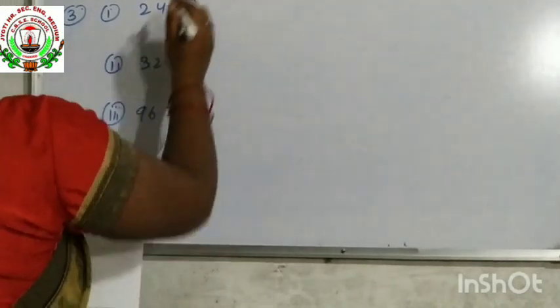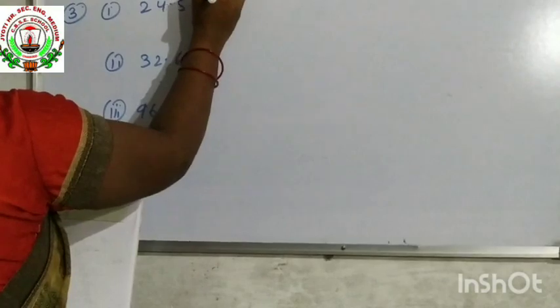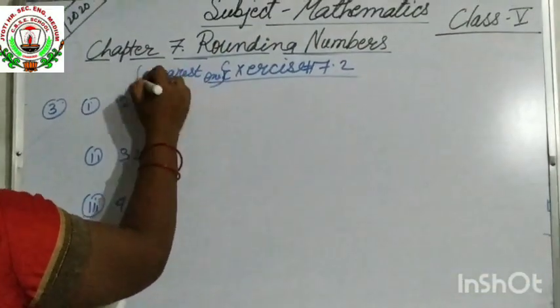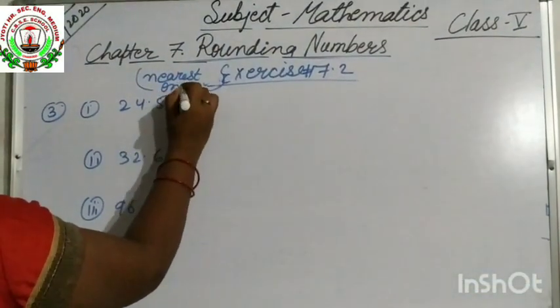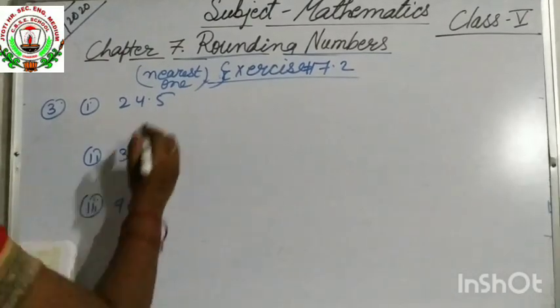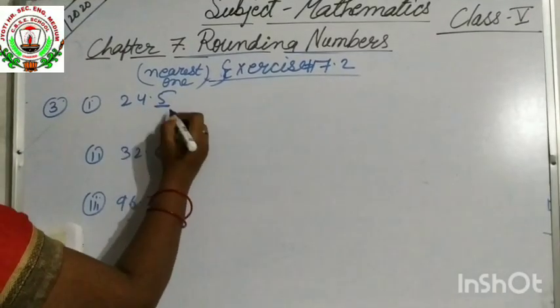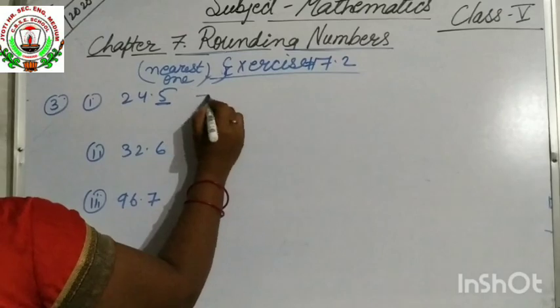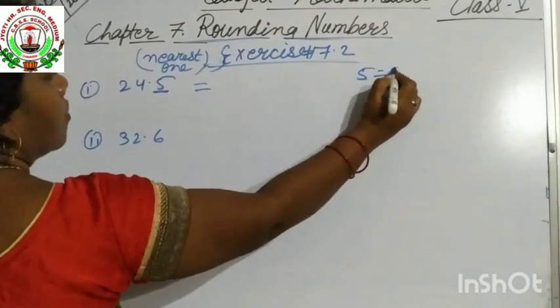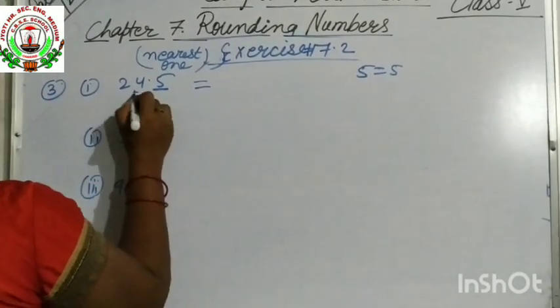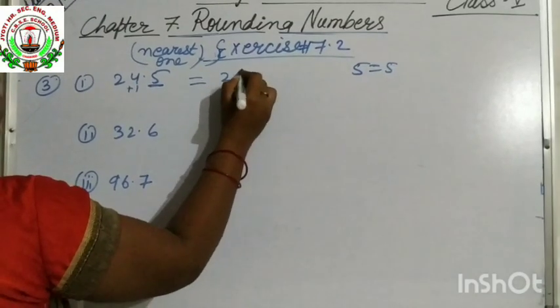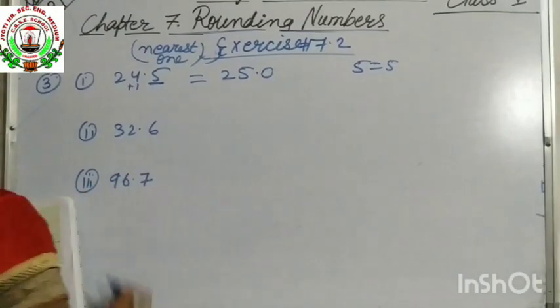Here, nearest one. So we will see this place number. The tens place number is 5. So 5 is equal to 5. So we will add 1. This 24 becomes 25 and this 5 will be 0.